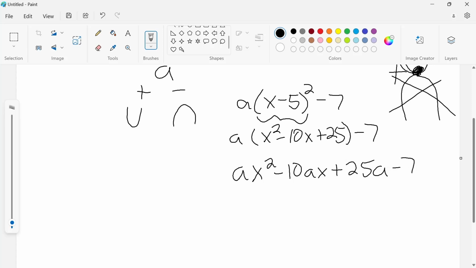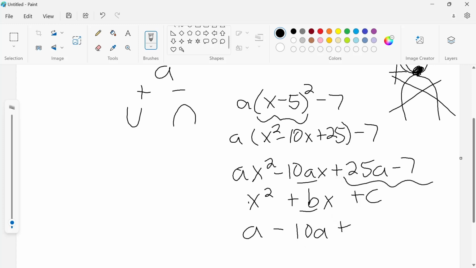Well, it's ax squared plus bx plus c. So everything in front of the x squared is the a term. There's a. The b term is everything in front of x, which is minus 10a. And then the c term is everything that's constant, plus 25a minus 7.